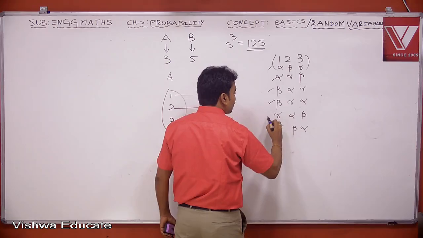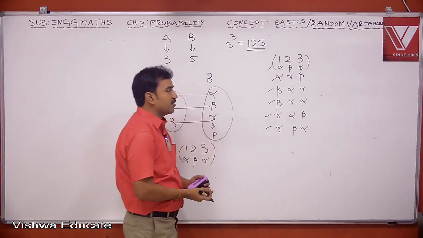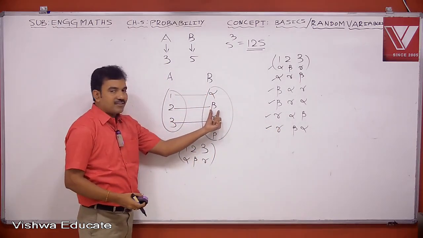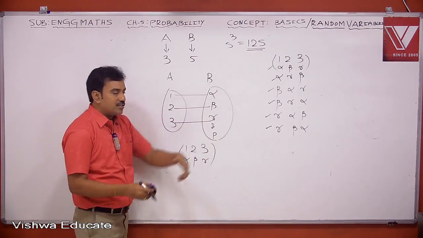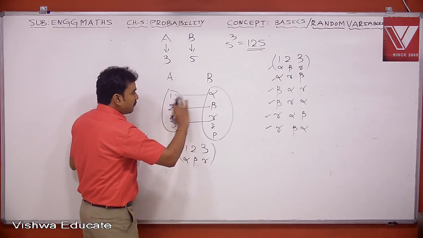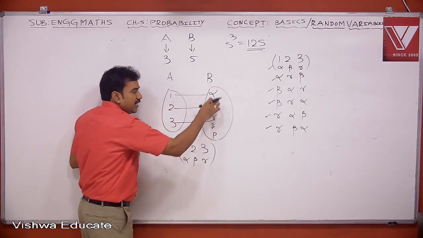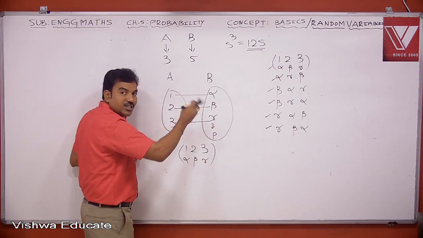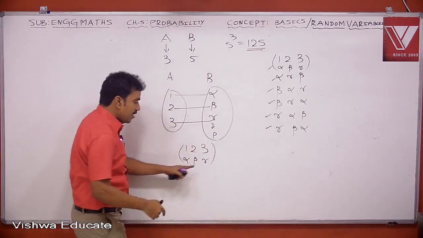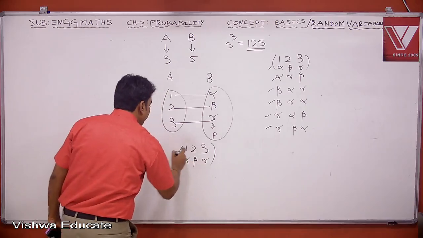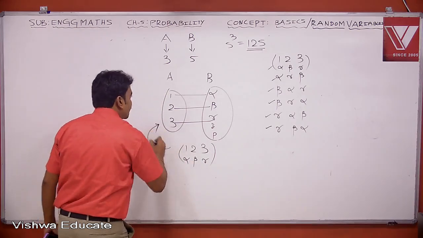So this is one possible image, this is another possible image. So therefore, you select 3. You select any 3 from this and arrange like this. Therefore, to set 3 different images to these 3 elements, you select 3. So selections means combinations. But once you select, you can give the images like this, because this is different from this function. So this is equivalent to this.